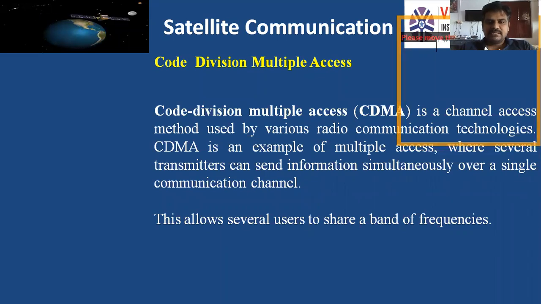In the previous sessions, we learned what is FDMA and what is TDMA. We came to know that there are a few drawbacks in these two multiple access techniques. For example, in FDMA, the drawback is if the frequency channel allotted to a particular user is not utilized by the user, then the bandwidth is getting wasted.